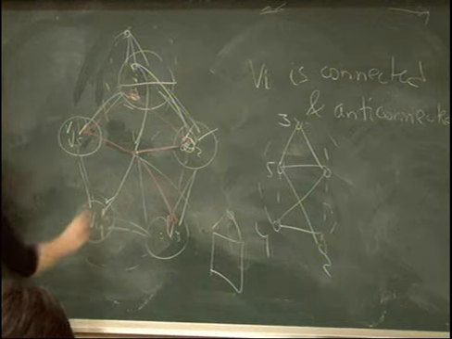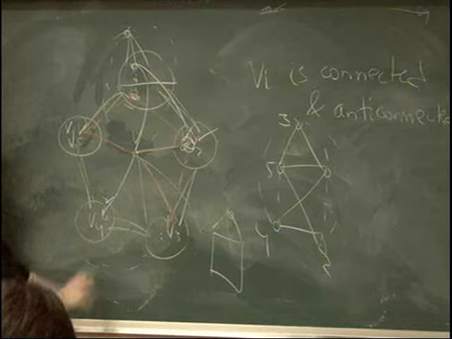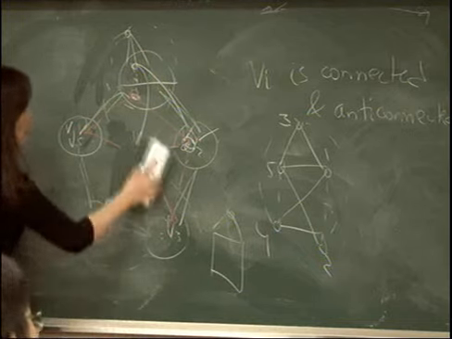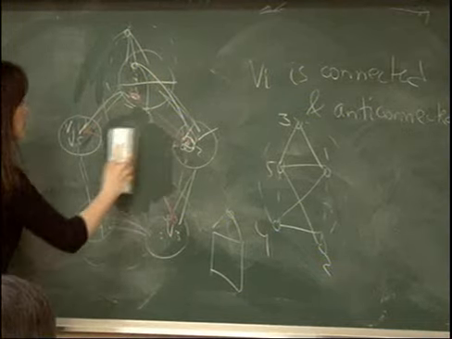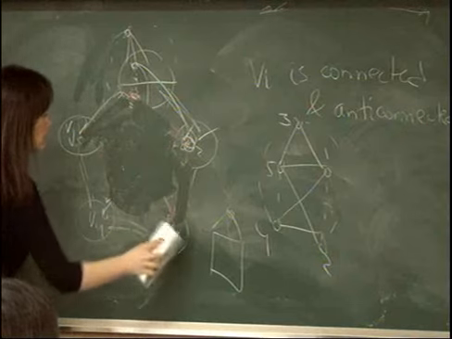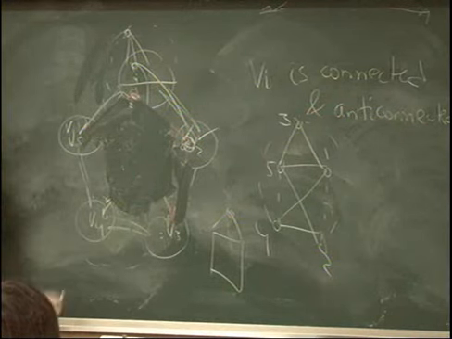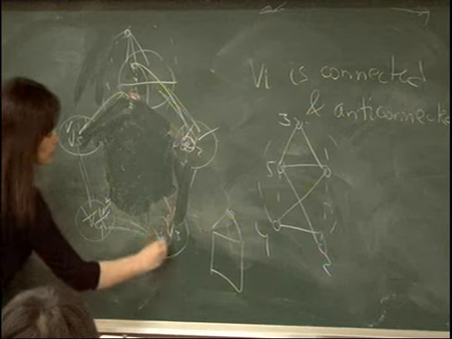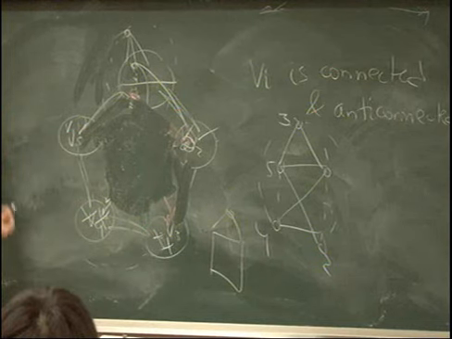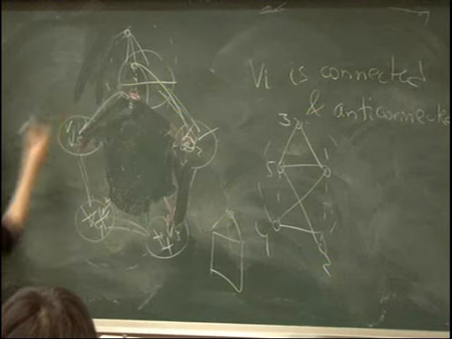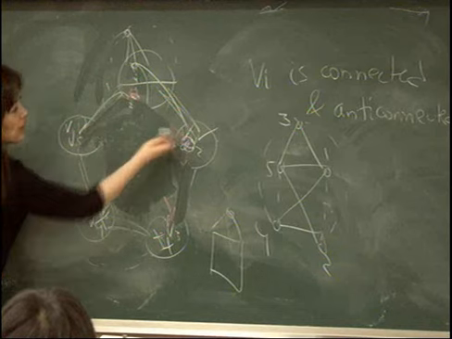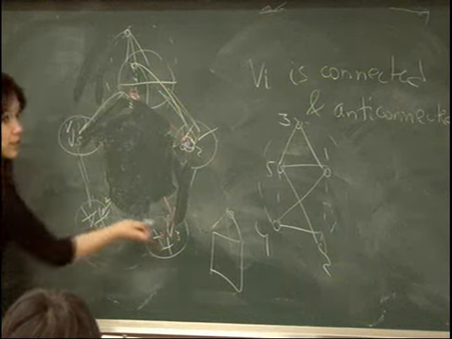If I had a neighbor here, I get a 4H antipath. So I can assume there are no neighbors here. And similarly, I can assume there are no neighbors here. But now, what's happening? V has both a neighbor and a non-neighbor in this set. It's complete to this plus that, and it's anti-complete to this plus that.